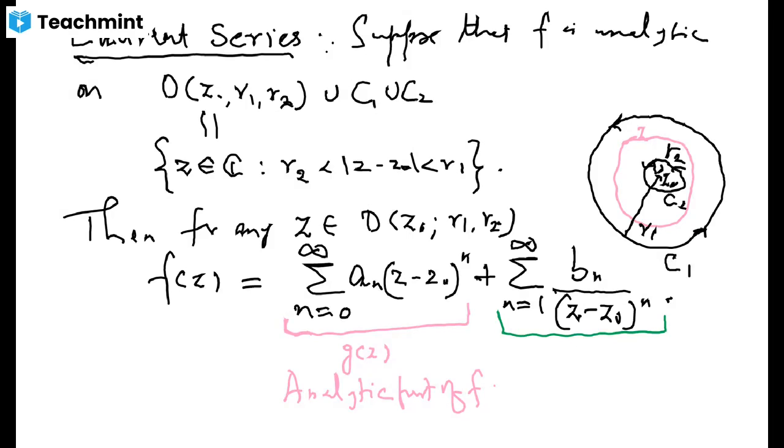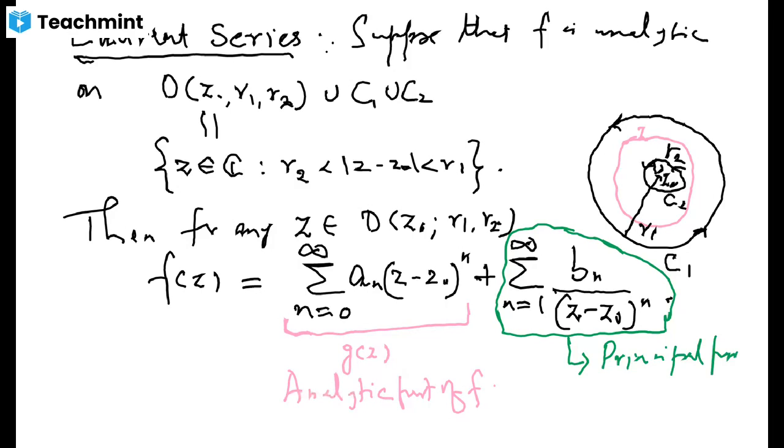This is also a kind of power series, but here you have negative powers of z minus z naught. If you take it to the numerator, then the power becomes minus n. This is the part to be studied further, where the function fails to be analytic. Since this function is not analytic at z naught, this part will be referred to as the principal part.